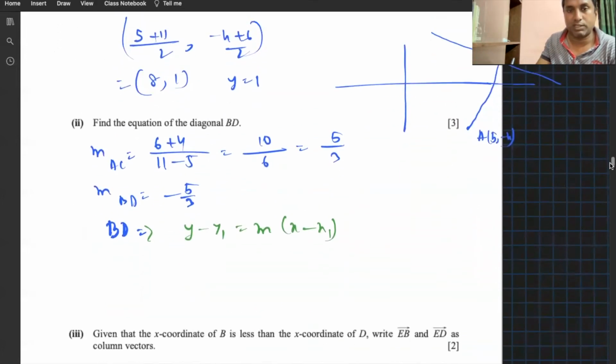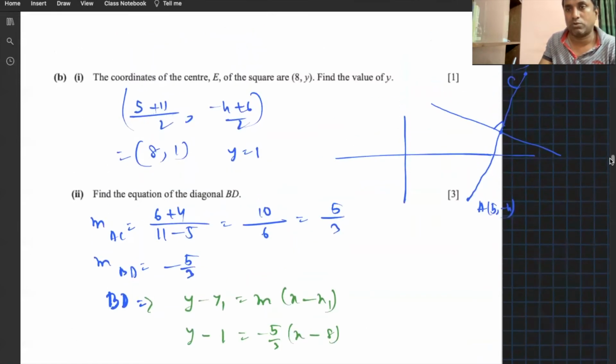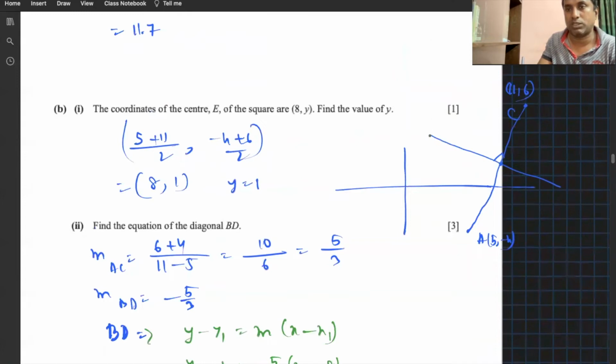If I use the values, y minus 1 equals m times (x minus 8), since the line is passing through this point. So this is the square, this is B, C, this is D, and this one's coordinate is (8, 1).